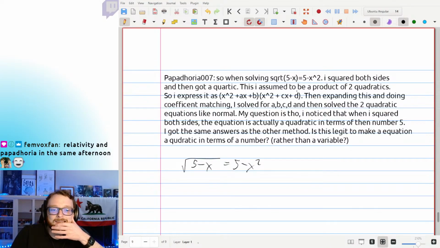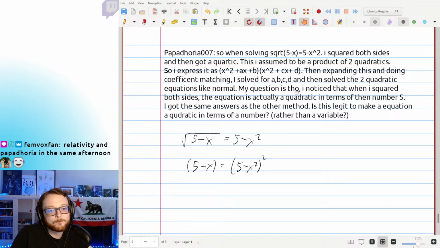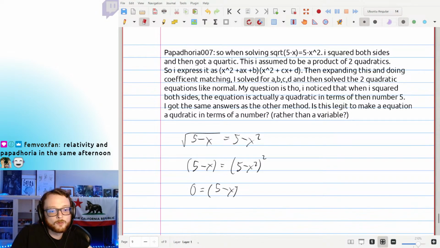So yeah, you're saying that if you square each side, 5 minus x equals 5 minus x squared squared. You could think about it minus x squared.